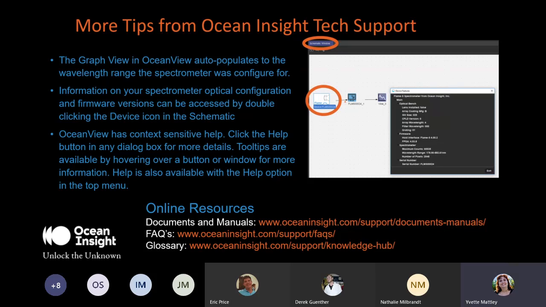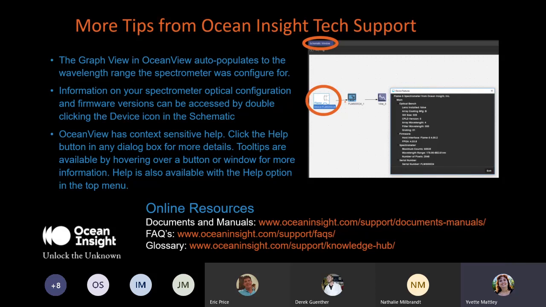The other thing to note is there is context-sensitive help in OceanView. You can click on the help button in dialog boxes to get help for whatever is specific in that dialog box. If you hover over buttons and various other icons in OceanView, there are some really nice tooltips that will help you to identify what the button will do.